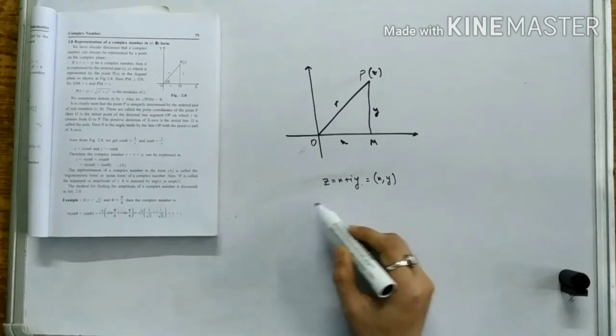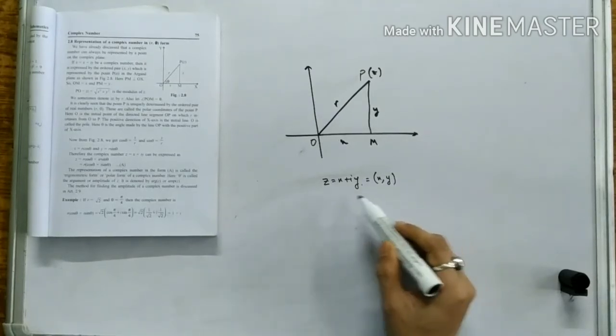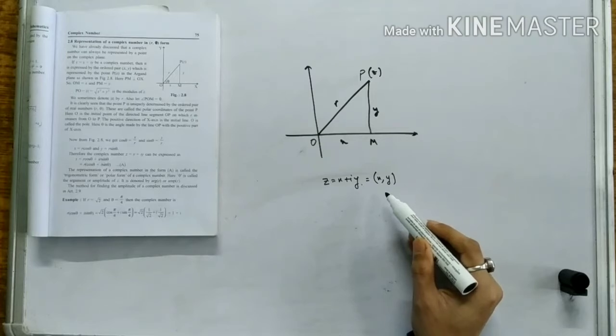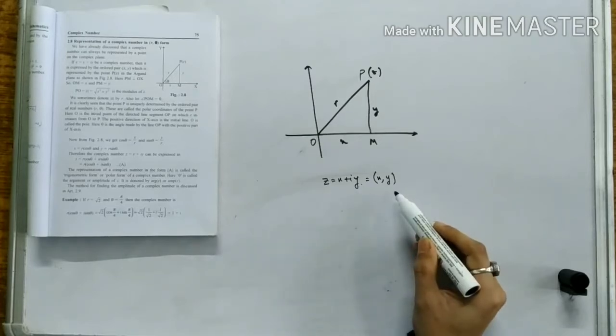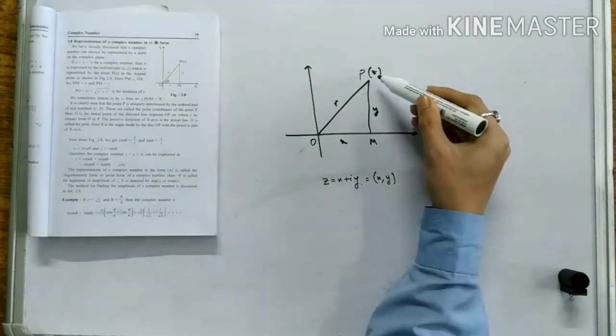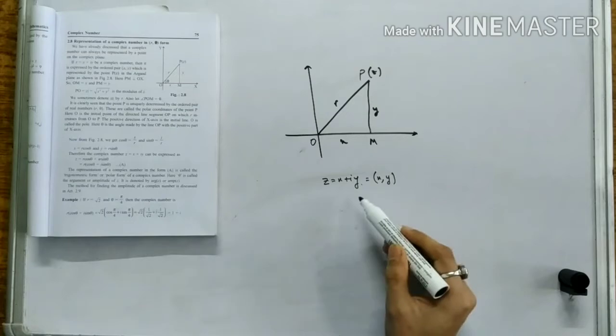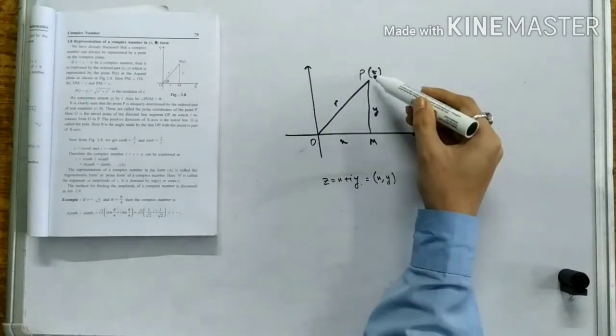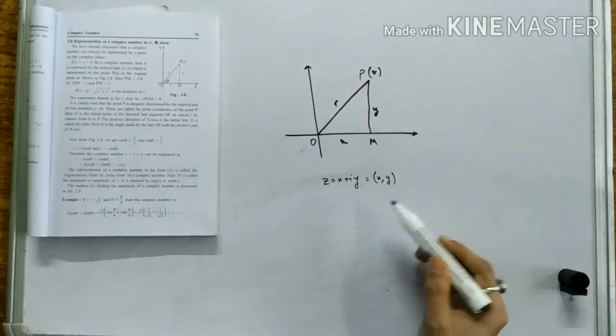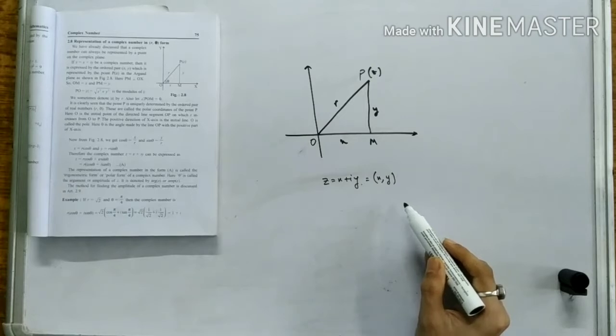So that means we can represent a complex number as a point on the complex plane. We have already discussed that we can represent a complex number as a point on the complex plane, or the Argand plane.